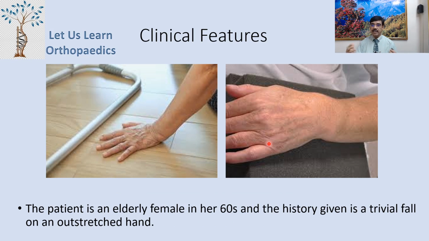Now, as far as the clinical presentation is concerned, usually the patient is an elderly female in her 60s. Of course, the patient could be a male, but mostly it is an elderly female in her 60s, and the history given is a trivial fall on the outstretched hand.